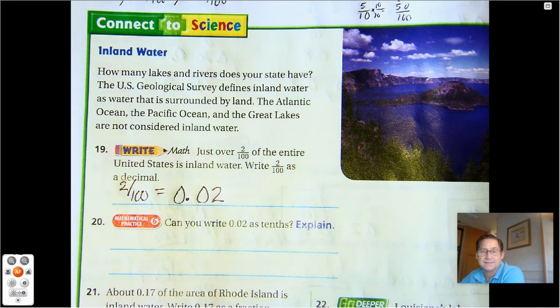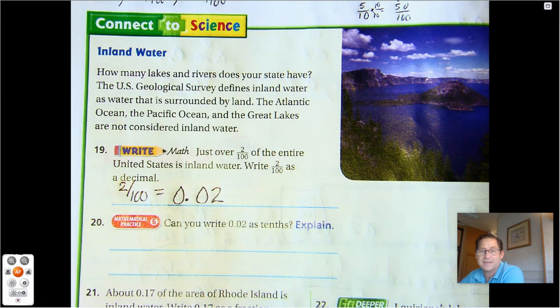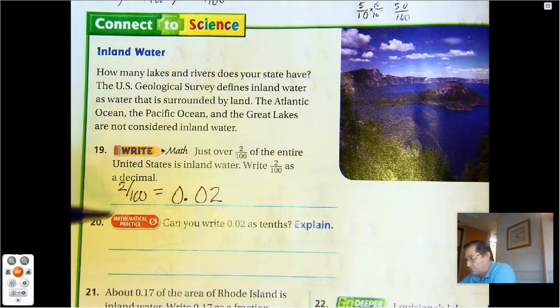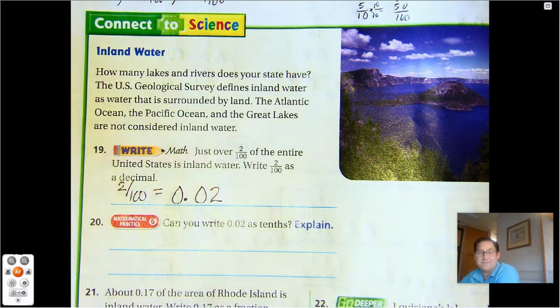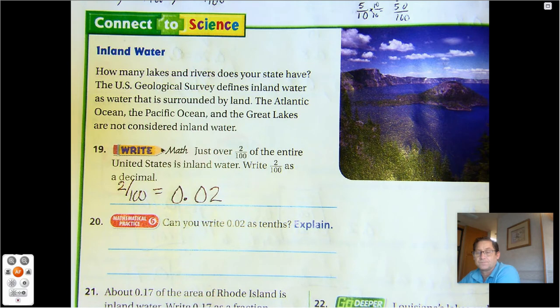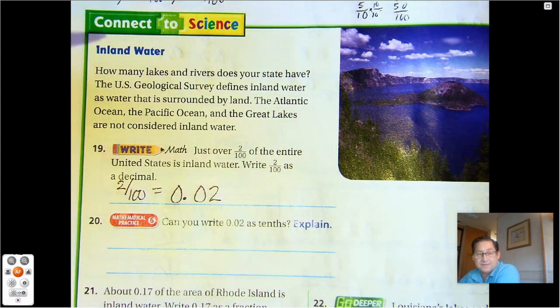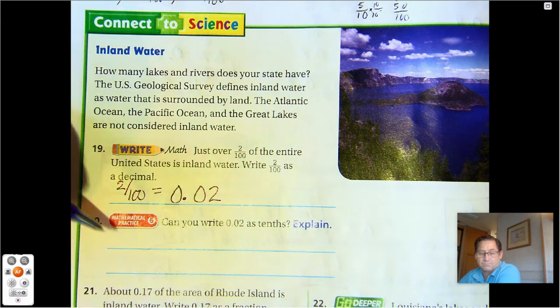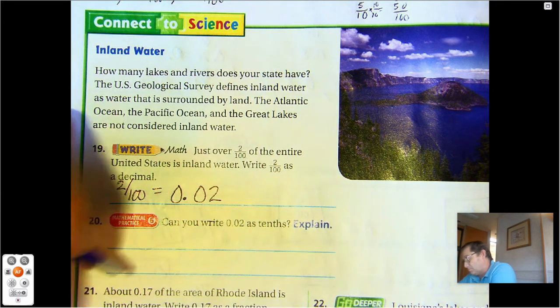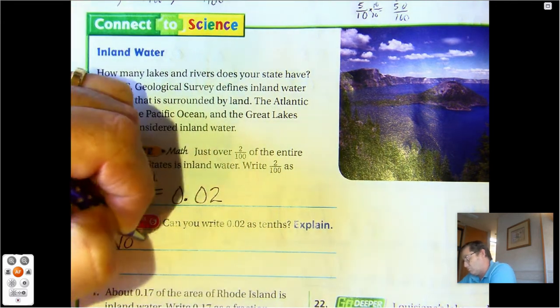Can you write 2/100 as tenths? Well, is 10 a factor of 2? No. So I could divide the 100 by 10 to get to tenths, but no, we can't do that.